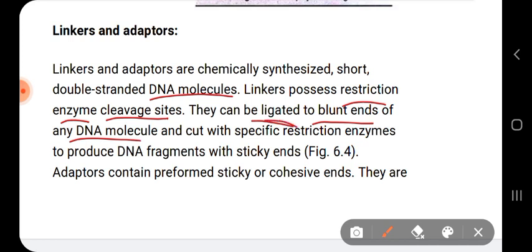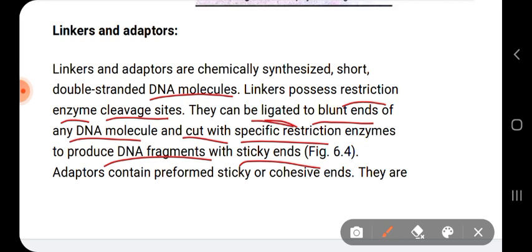Ligation is done by DNA ligase, and then it can be cleaved with a specific restriction enzyme to produce DNA fragments having sticky ends, right? So in this way, linkers first join with the foreign DNA of our interest having blunt ends with the help of DNA ligase, by catalyzing phosphodiester bond formation between them, and then they are cleaved by a specific restriction enzyme to produce the DNA fragment having sticky ends.